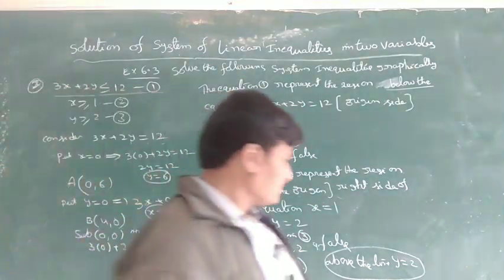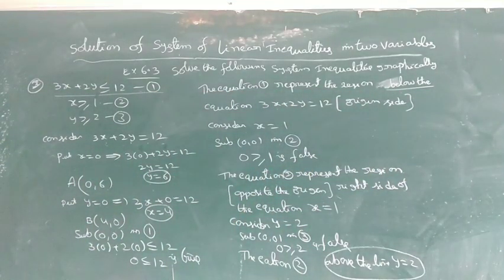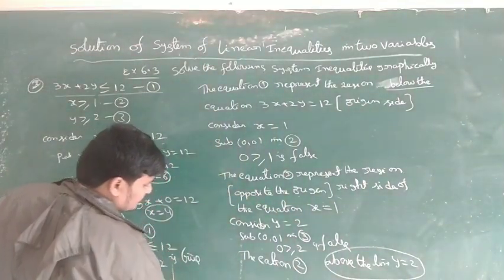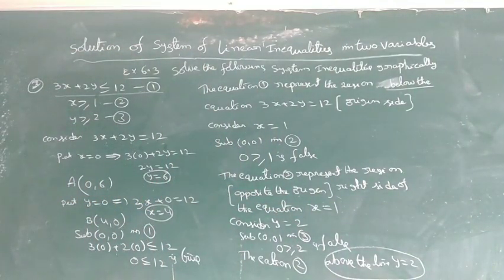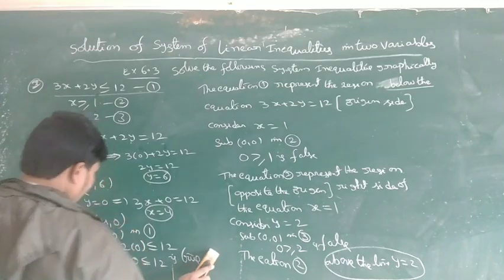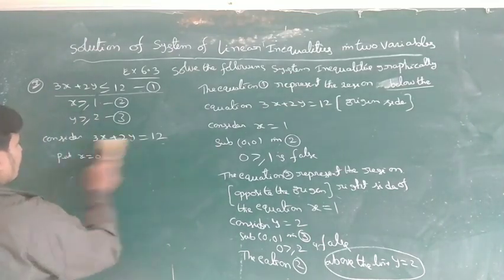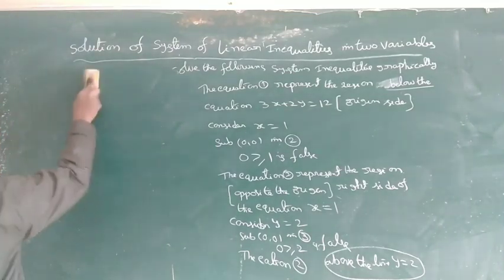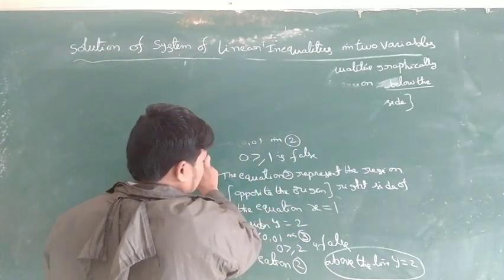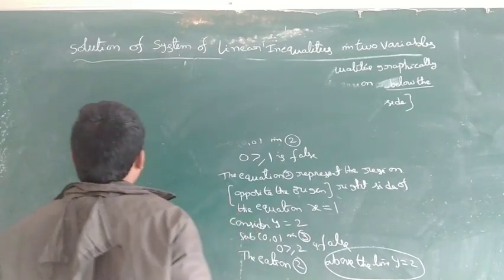So this is important: above or below, left or right, or simply origin side or opposite the origin side. This is okay. Next, go to the graph. What are the points?